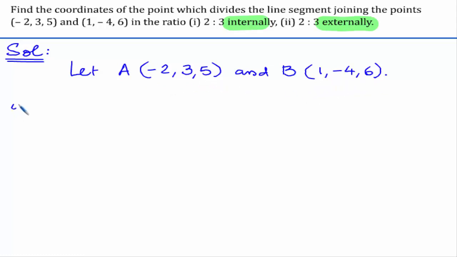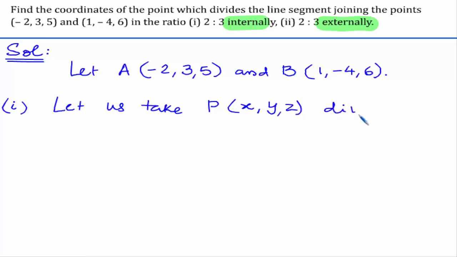Now in the first case, let us assume a point P with the coordinates x, y and z divides the line segment AB in the ratio 2:3 internally.